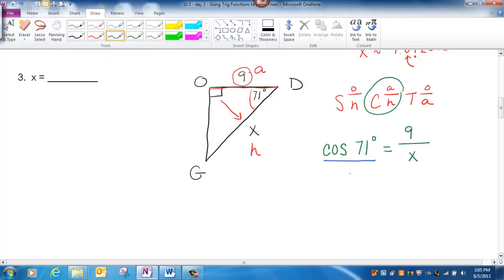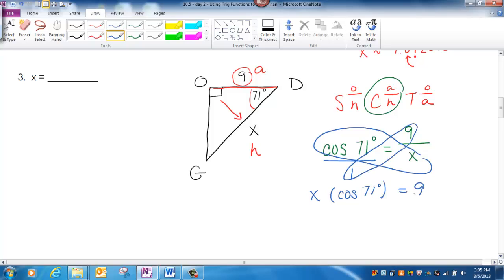Okay, so we can cross multiply again. So we have x times the cosine of 71 degrees equals 9 times 1, which is just 9. So divide both sides by cosine of 71 degrees.